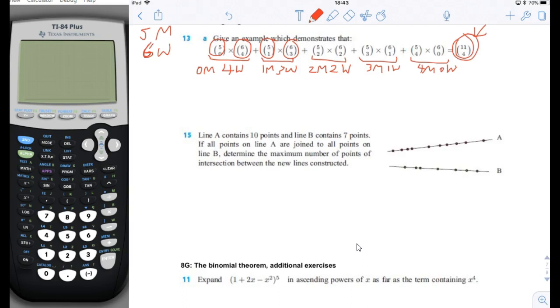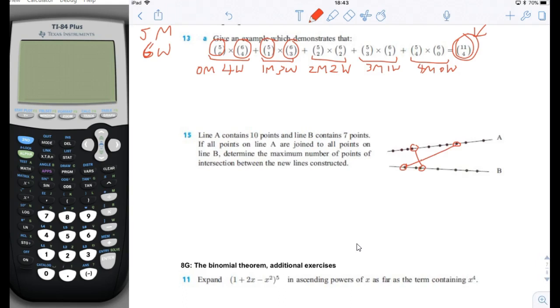Okay, so what we're going to do is I'm going to draw an example. So let's say I'm going to choose this point and this point on A, and then I'm going to choose this point and this point on B, and then I'm going to connect them so that it forms 2 lines, and these 2 lines are going to intersect in a point.